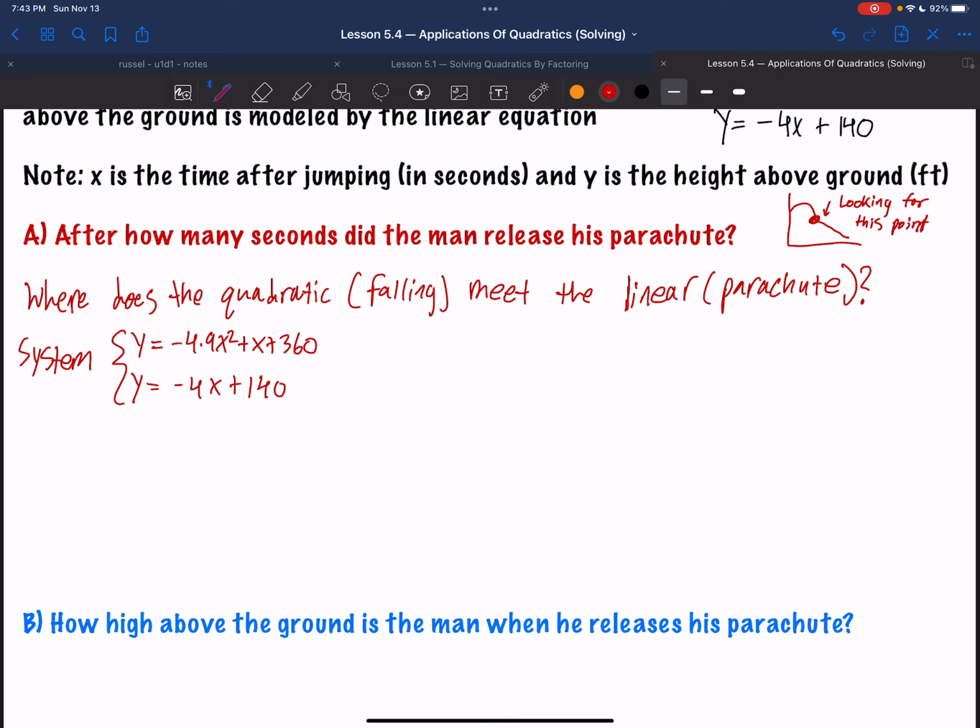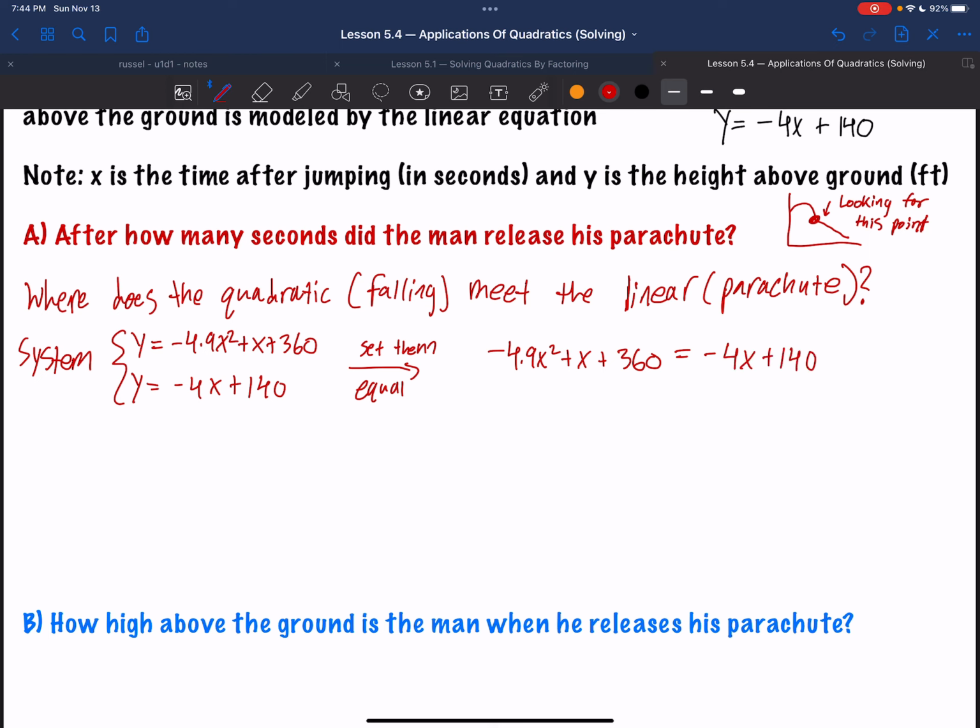Now, this is already solved in terms of y. We don't have to do any sort of fancy substitution here. We can just set them equal. So I get negative 4.9x squared plus x plus 360 equals negative 4x plus 140.